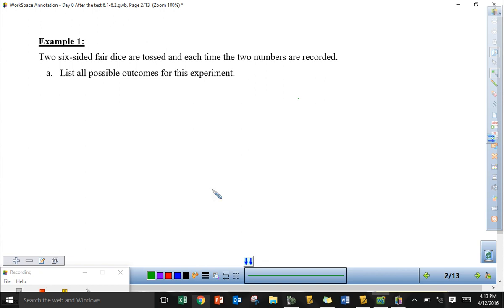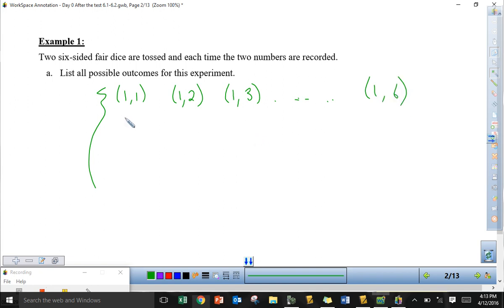Well, since we have 2 dice, we have to talk about 2 different numbers that are going to appear on those dice. Okay, so if we look at the first number, we could have a 1 with a 1. Okay, well, we could have a 1 with a 2 then, a 1 with a 3, all the way up to a 1 with a 6.